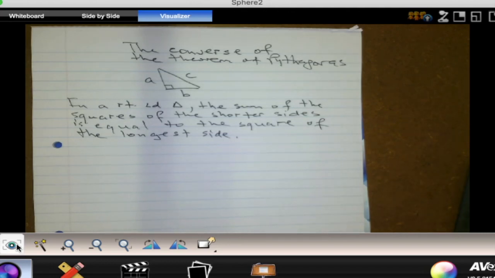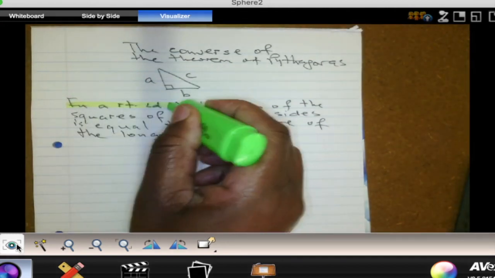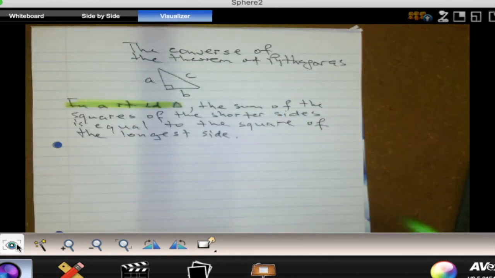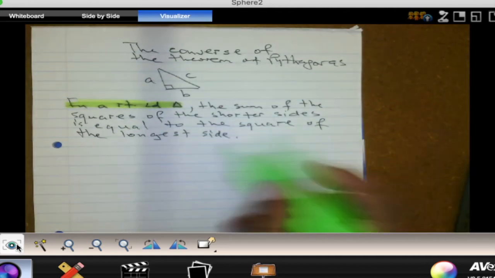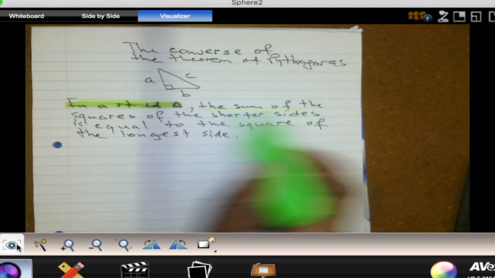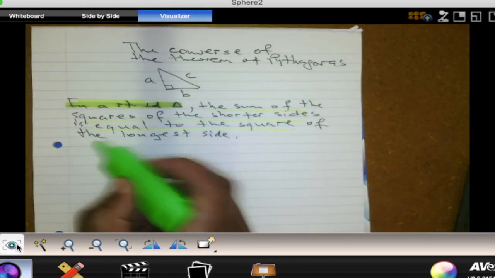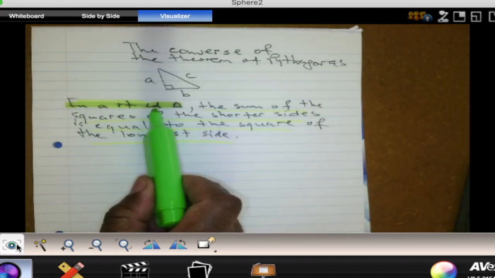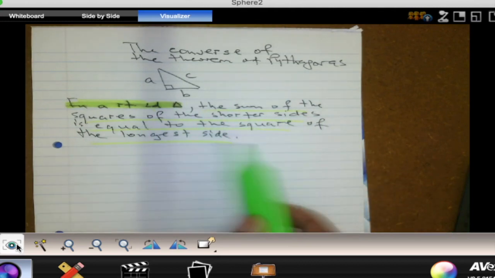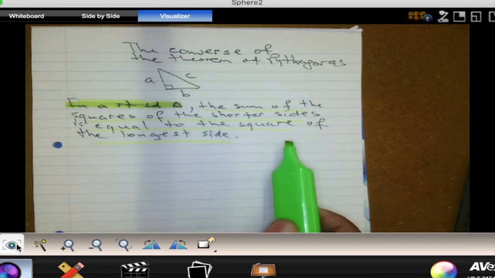Like in this case here, we are saying in a right-angled triangle, all that happens, this happens. So in a right-angled triangle, we expect all this to happen. Okay, guys? So now the question is, if all this happens, what does it mean, or what does it imply?